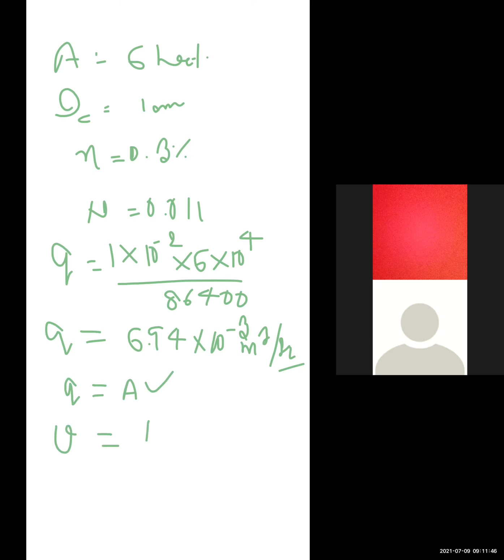According to Manning's equation, velocity equal to 1 by n into R to the power 2 by 3 into S naught to the power 1 by 2, where R equal to d by 4, since the mean depth equals d by 2 for tile drain.